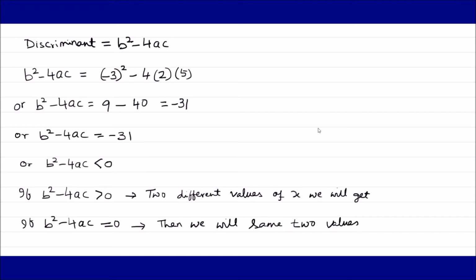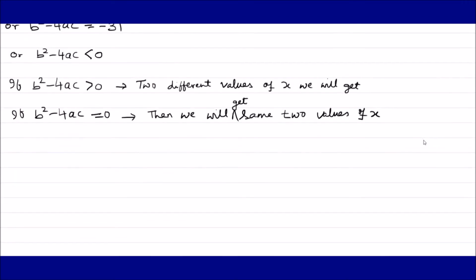So in this case, we get the same two values of x. Now, if b² − 4ac is less than 0, then no real roots exist.